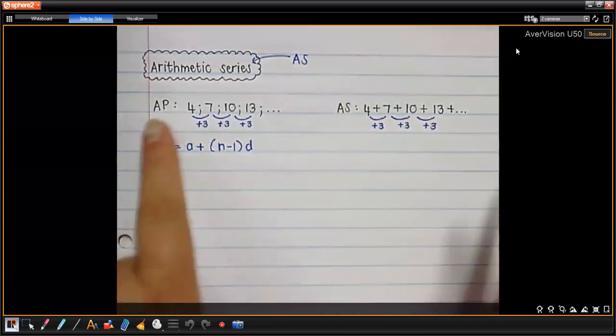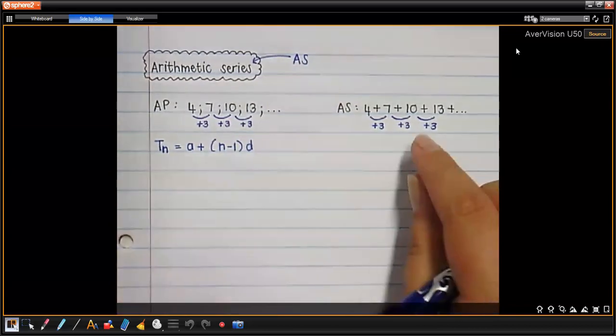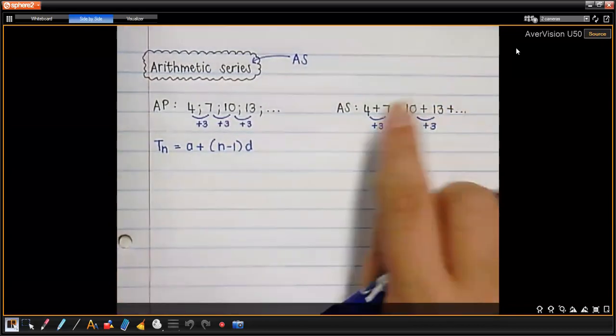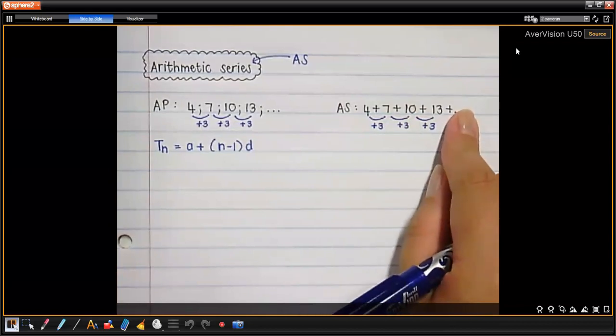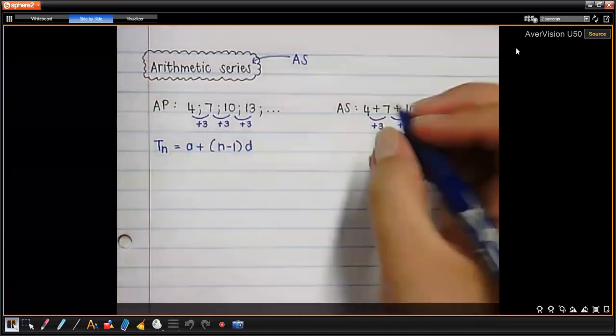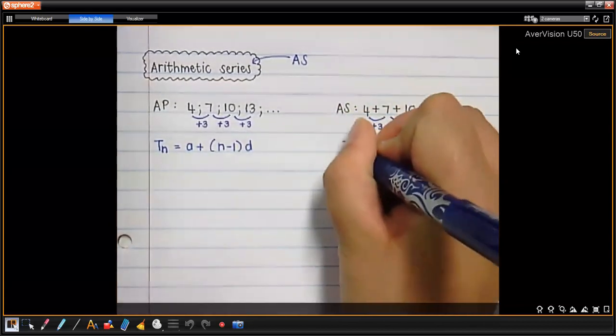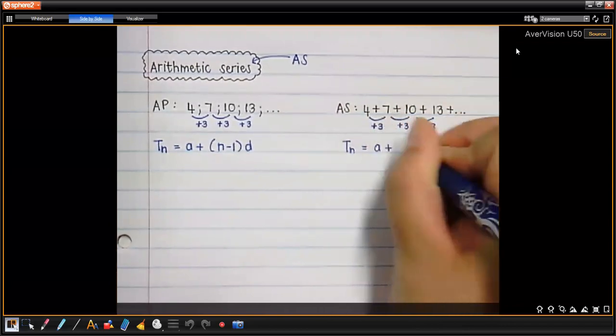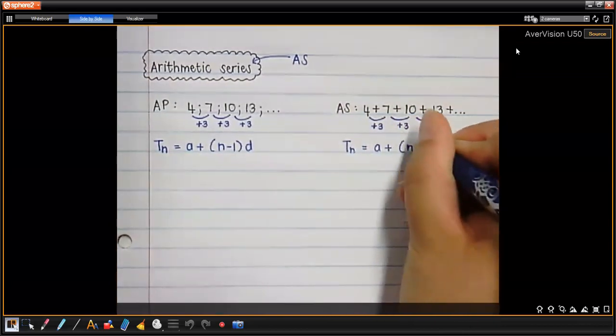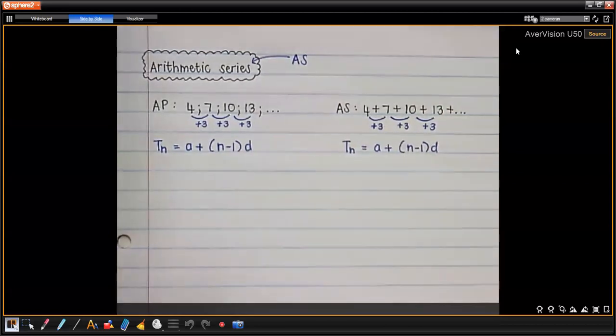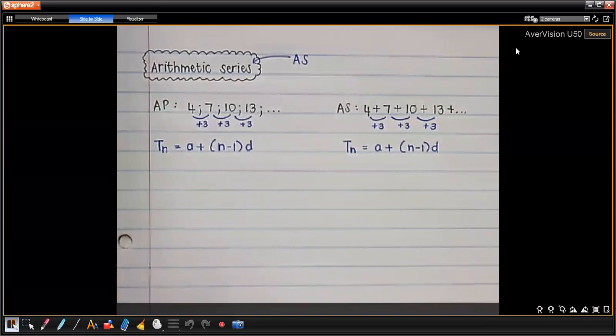We can still use this term formula if they ask us for the 20th term in this series. We can still use the Tn formula to find the value of the specific term. That formula still applies. Or if they tell us that term 10 is something, we can still write that as a plus 9b. We can still use this formula just like we've been using it.